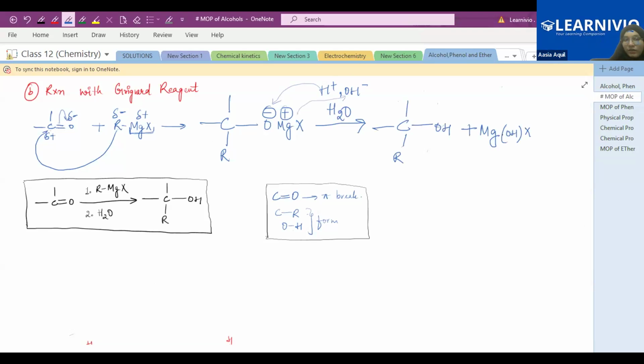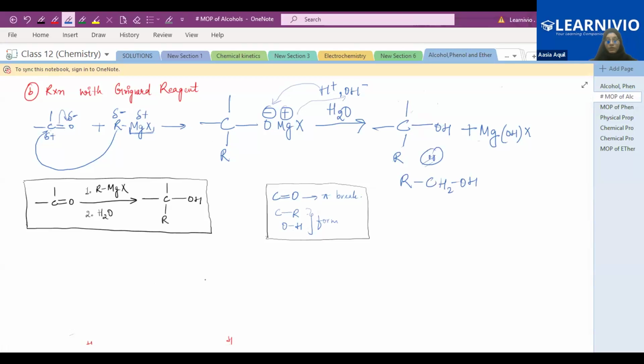And when you react the carbonyl compound with the Grignard reagent, again you will get a corresponding alcohol. You can also write it as RCH2OH plus this. Is it clear? Yes, ma'am.